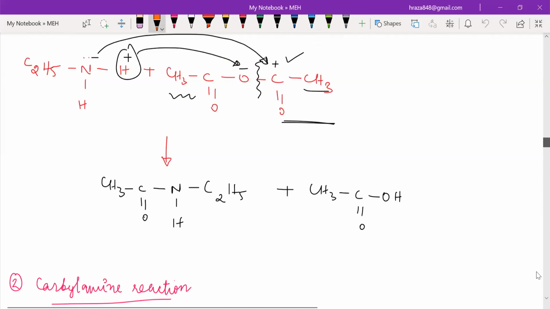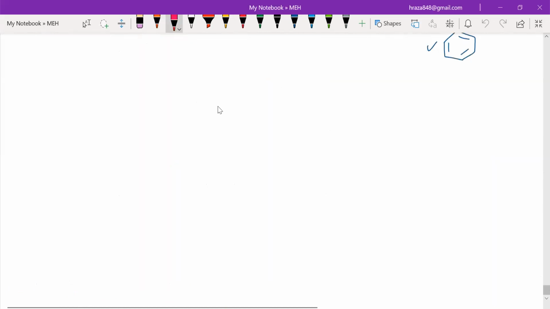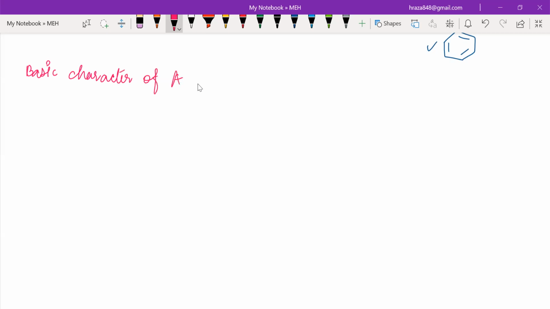In chemical reactions, I started with alkylation. Now we have the chemical reaction in which we are going to see the basic character or basic strength of amines. This is the most important topic.